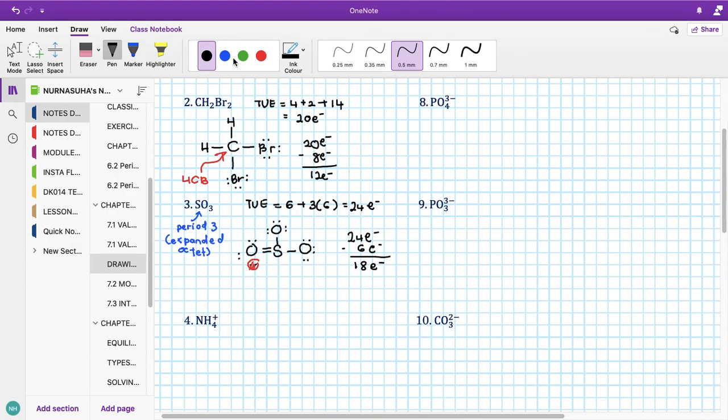So sulfur will share 2 more electron with this oxygen to form another covalent bond. Okay, sekarang valence electron dia 1, 2, 3, 4, 5. Okay, so valence electron for sulfur is 10 here. So take another one.